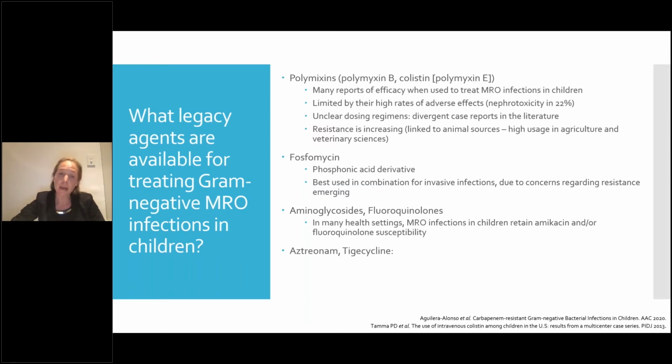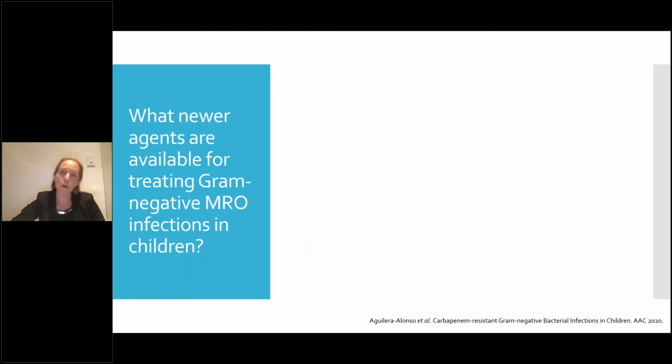And aztreonam and tigecycline used to be quite useful legacy agents that were used as a last resort for some multi-drug resistant infections, but these have been removed from the essential medicines list that was published in 2019 due to some concerns about their toxicity profile and their somewhat limited efficacy on balance with the toxicity that they can cause.